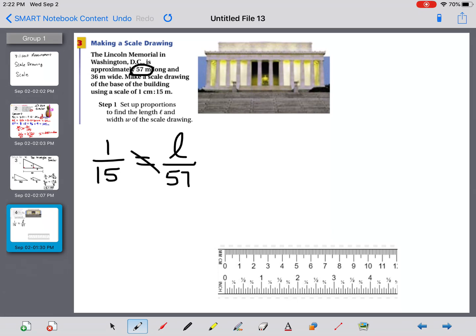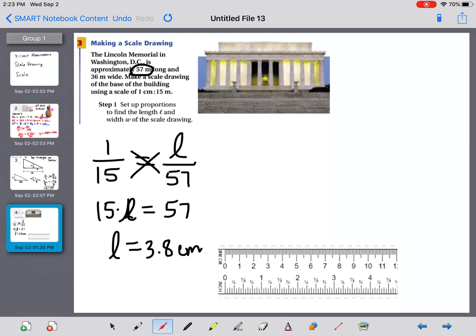If we cross multiply, we would solve this proportion, and we would have 15 times the length equals 57. So 57 divided by 15, that would give us a length of 3.8 centimeters.